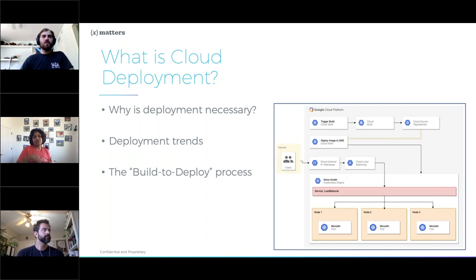So we touched a little bit on this architecture that's up on the screen right now, which is you trigger the build, you actually build, and then put the code in a repository, and then from there a Cloud Build gets triggered.